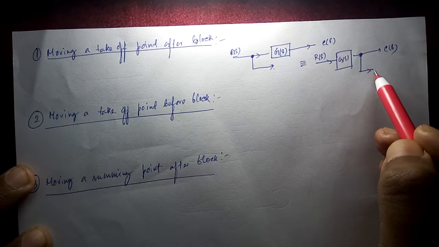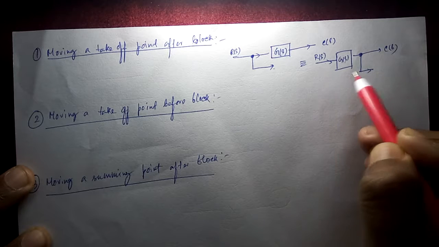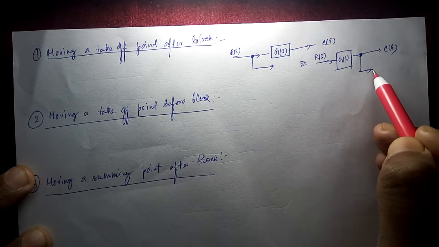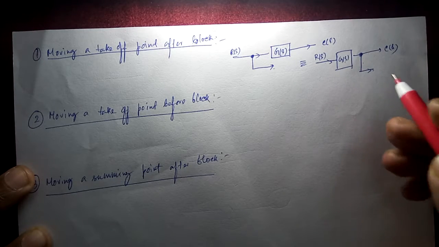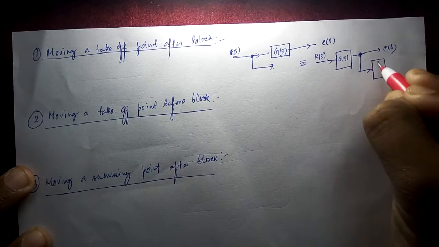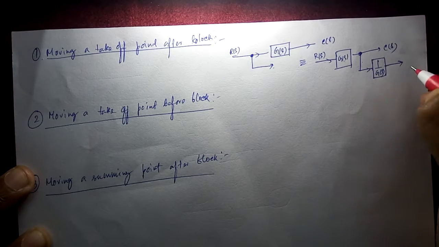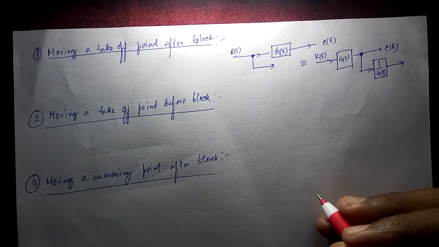If we take the takeoff from here, R(s) multiplied by G(s) will come from this path, but we need the same as before. For that reason we have to divide by G(s), meaning 1 by G(s), and then we get the desired path value. I think you have understood this clearly.